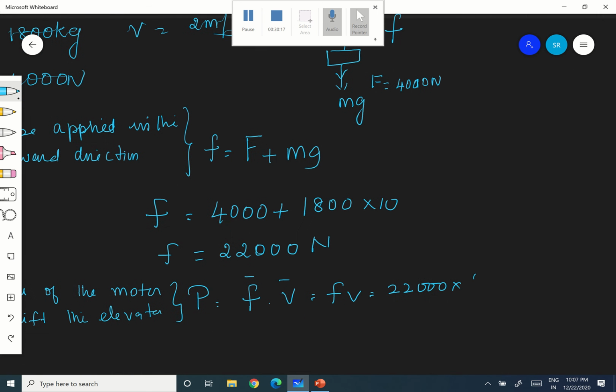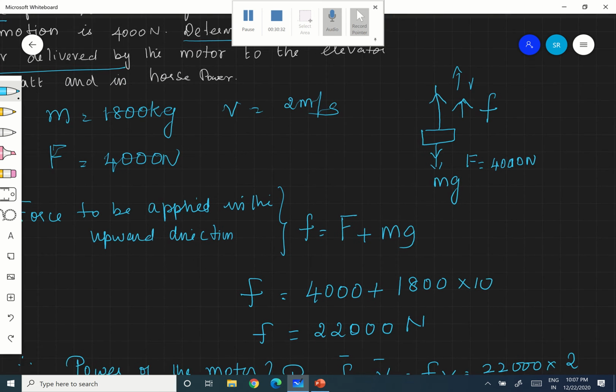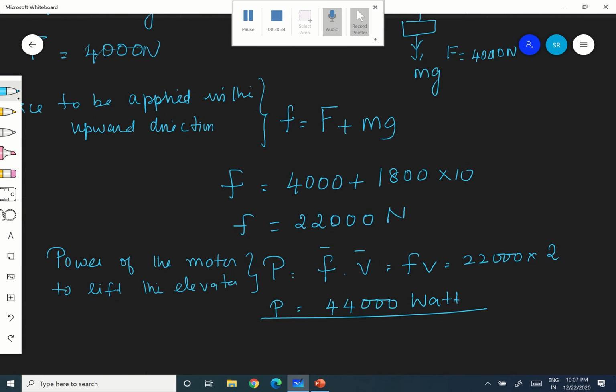Therefore, your power here is nothing but 44,000 watt.